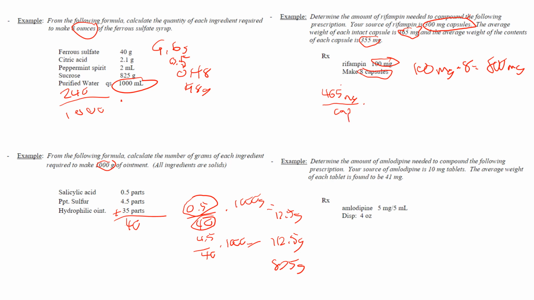And then from here, since we know each of our capsules is, I'm actually doing this backwards. We know that there's 300 milligrams of rifampin. No, I was doing that right. Sorry, I just got a text on my phone and it's distracting me. So we have 300 milligrams of rifampin per the 465 milligrams total.